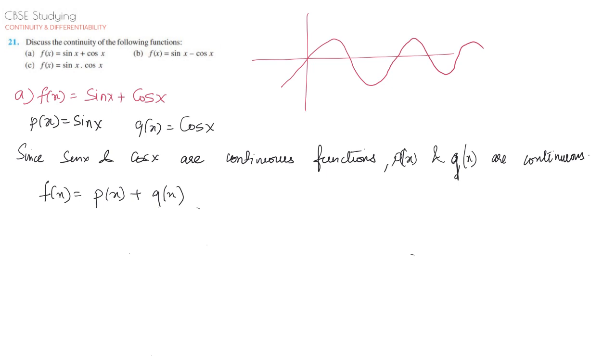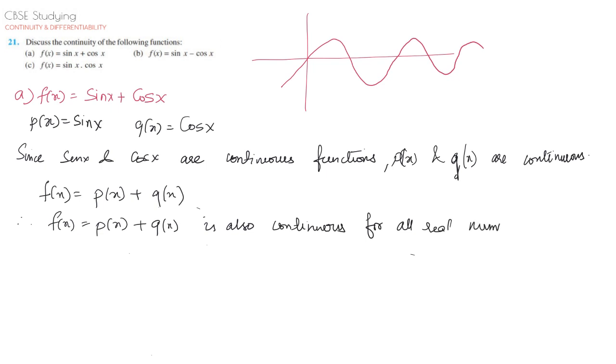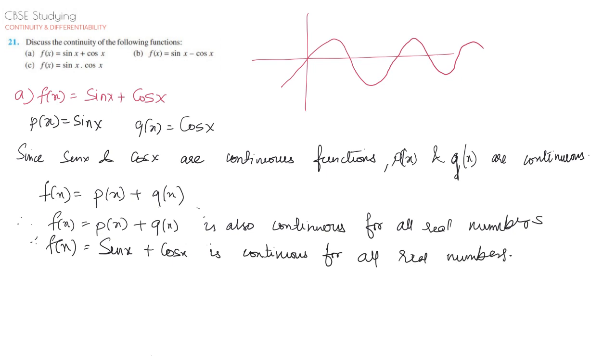Therefore, f of x, which is equal to p of x plus q of x, is also continuous for all real numbers. Therefore, f of x is equal to sin x plus cos x is continuous for all real numbers. This is the first part.